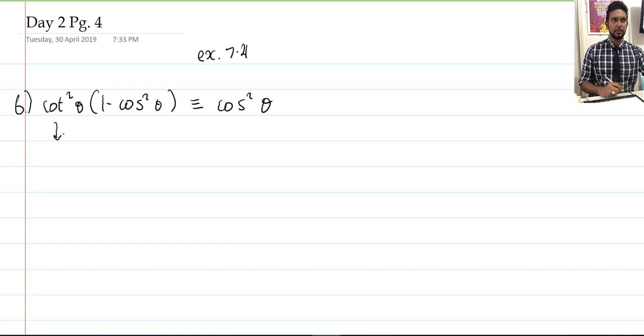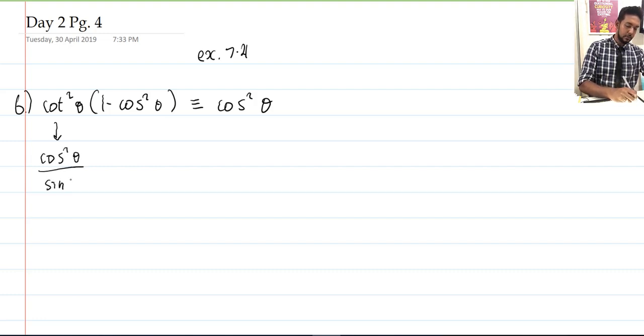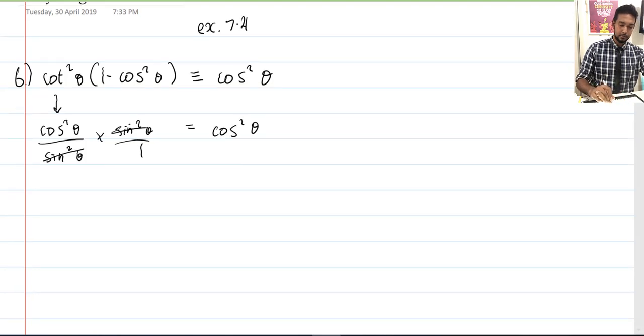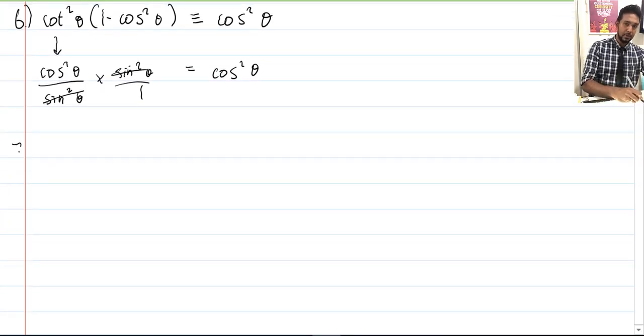Cos squared over sine squared. So we have cos squared theta over sine squared theta. And 1 minus cos squared is sine squared, right? And guess what's going to happen here? Sine squared cancels with sine squared, giving us back cos squared theta. Are we okay with that one?